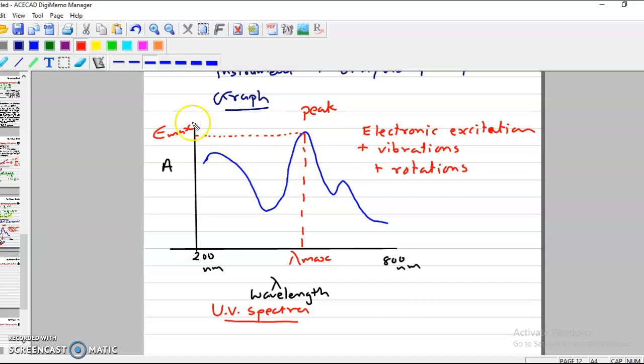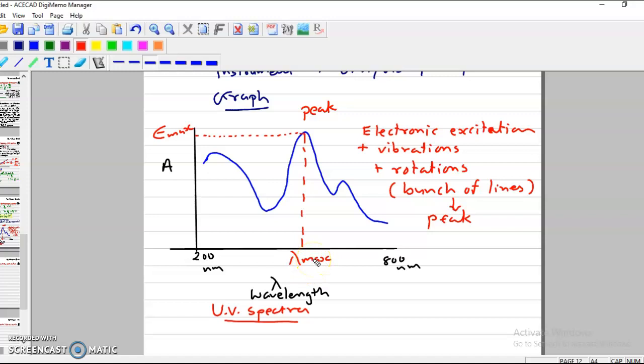So it is a mixture of several lines, not only one line, because there are so many lines between two electronic levels, like sigma and sigma star, or pi and pi star. Between them also there are so many vibrational levels, and so many rotational levels within vibrational levels. That means it's a bunch of lines, and this bunch of lines produces a peak. So we get a huge peak because of this reason.